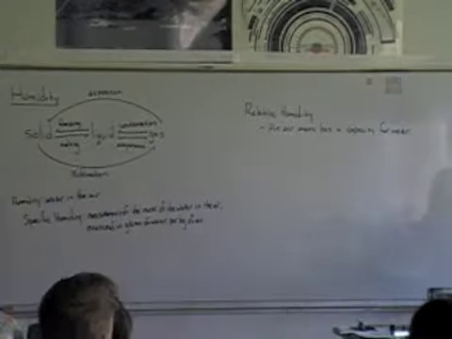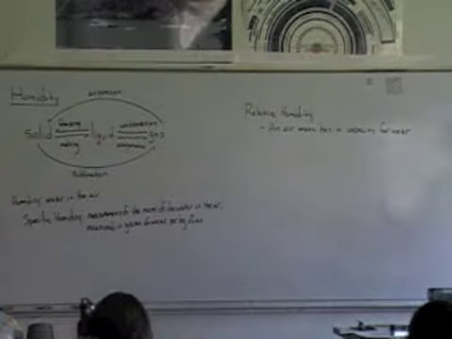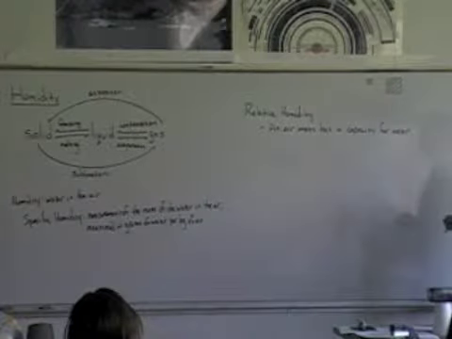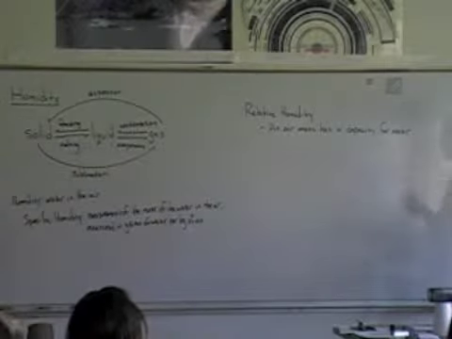And the maximum capacity could possibly be like 5%, but usually it's less than that. Like 5% of the molecules could be. But I'm going to stop talking about percentages because it will just get confusing because relative humidity is also a percentage. So an air mass has a capacity for water.